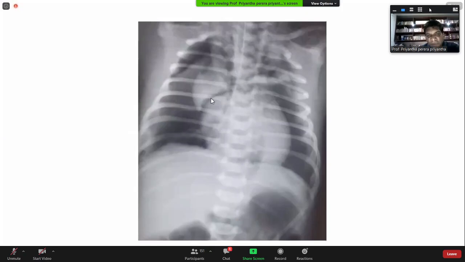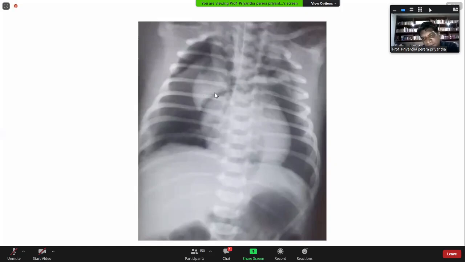You can see, if you look carefully, this round air column, and on this side you can see this air column going around the heart like that. Can you observe that margin? Yeah. Can you observe that margin?